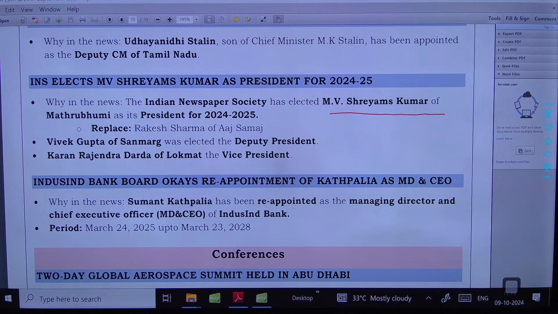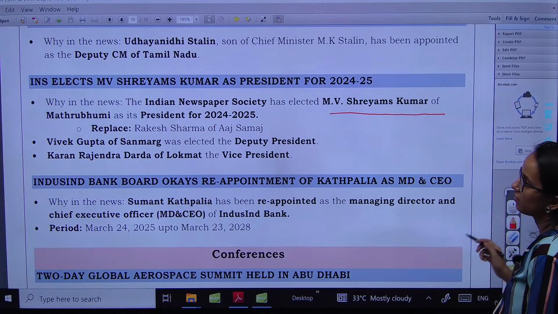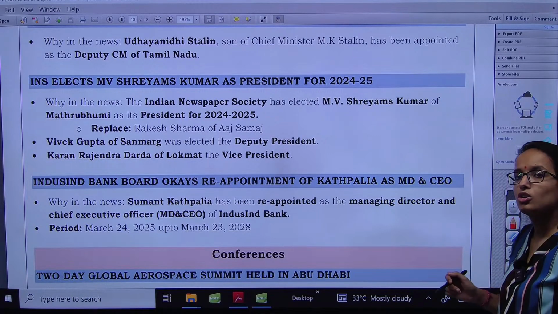Karan Rajendra Darda of Lokmat, the vice president. So these are the Indian Newspaper Society's appointments. Remember, M.V. Shreyams Kumar of Matrabhumi is the president for 2024-25 of Indian Newspaper Society.